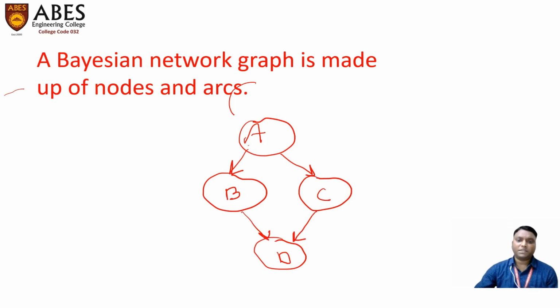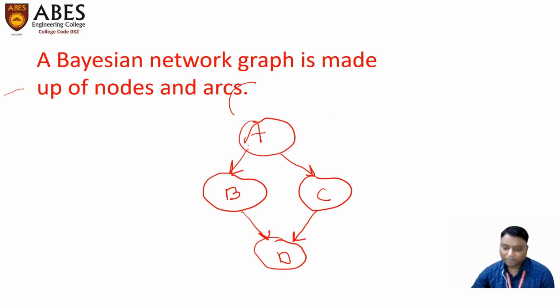So there are basically four nodes which can be represented as random variables, and these variables can be continuous or discrete. The arcs, like from A to B, A to C, B to D, and C to D, represent the causal relationship or conditional probabilities between random variables.